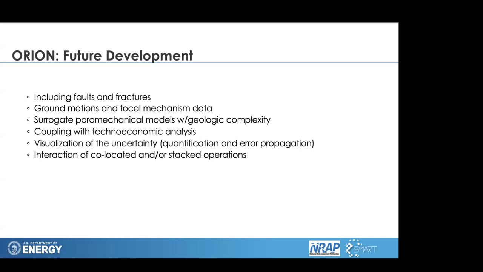And for this, we really have to be working with the operators very closely to understand the types of connectivity between the wells and the different types of management steps that would be advantageous for them, both for managing the fluid and also managing the seismic activity.